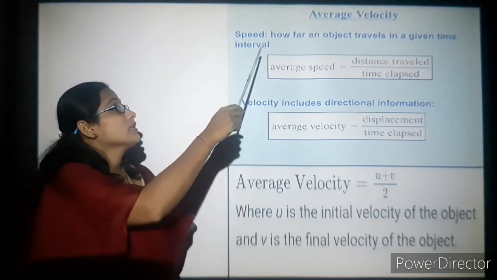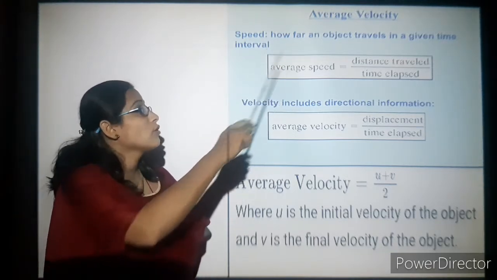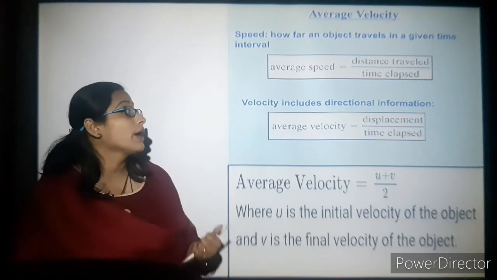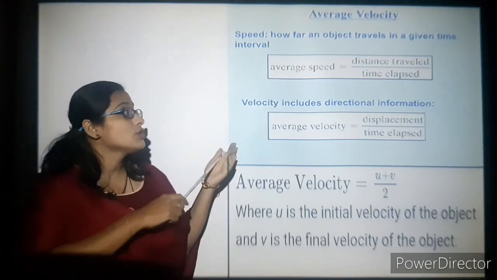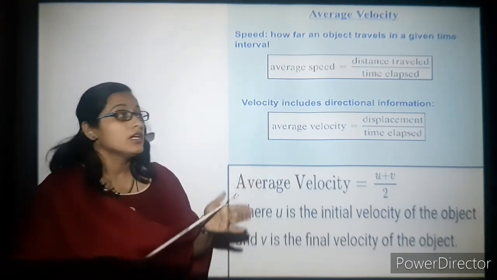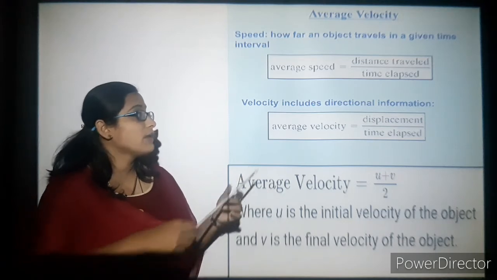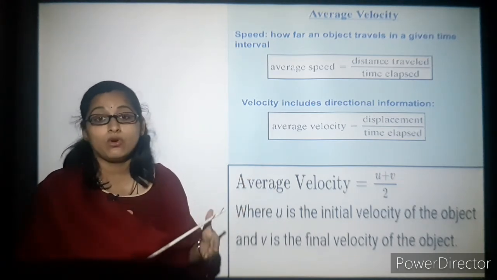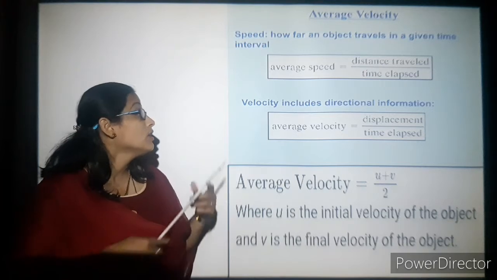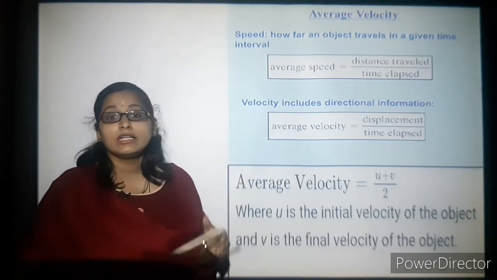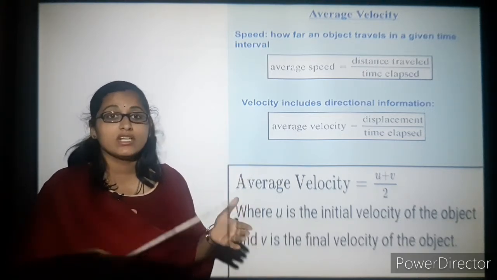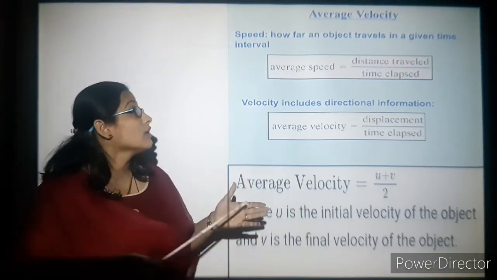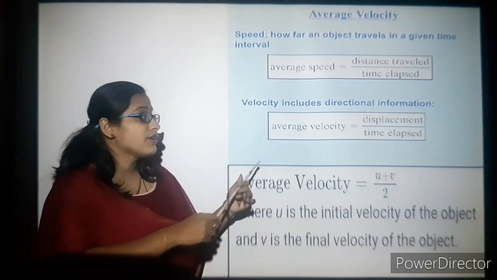Speed is given as how far an object travels in a given time, as we have already known. So what is average speed then? It is the total distance travelled by the total time elapsed. Velocity includes the directional information. It gives the direction of that particular object. So what is average velocity?